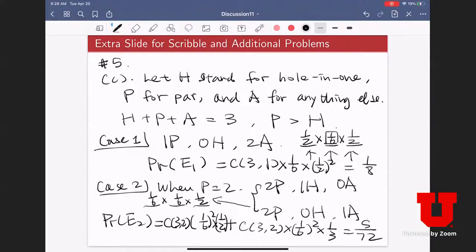Think about them as two different combinations where you can have 2p, 1h, 0a, or 2p, 0h, and 1a. That's under the case when you have two pars, so you want to use the rule of sum. Right. Okay. Did I answer your question? Yeah. Thank you.